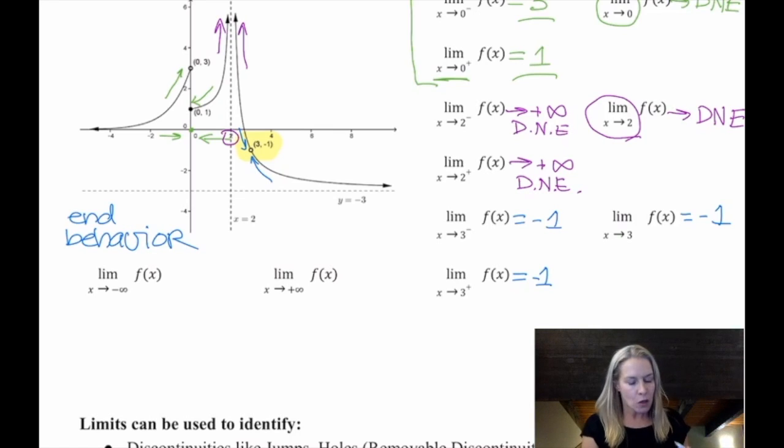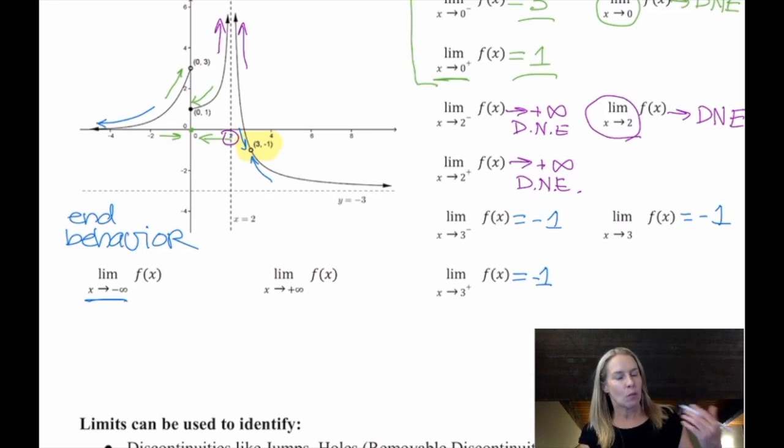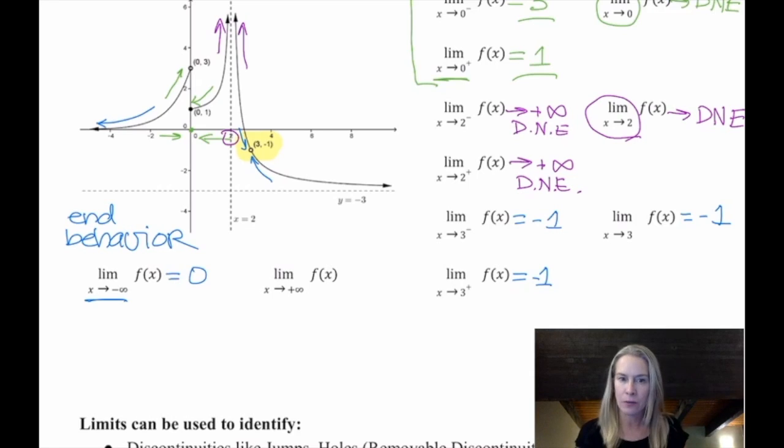First off, as x approaches negative infinity, heading very far to the left, the graph appears to show a horizontal asymptote at y equals 0. So the farther and farther out we get, the closer and closer this f of x graph gets to y equals 0.